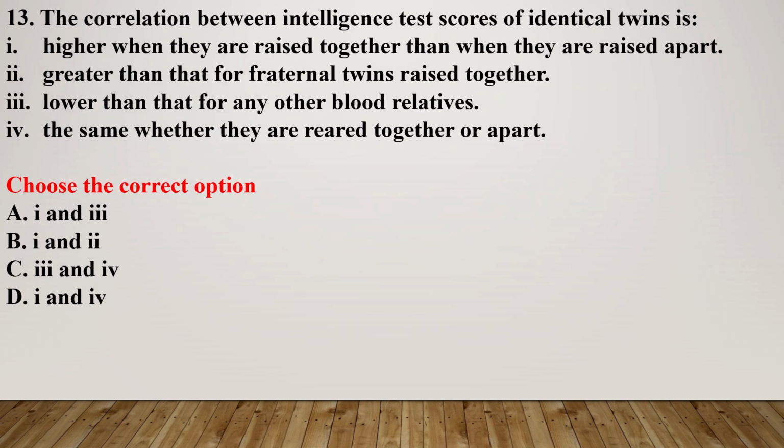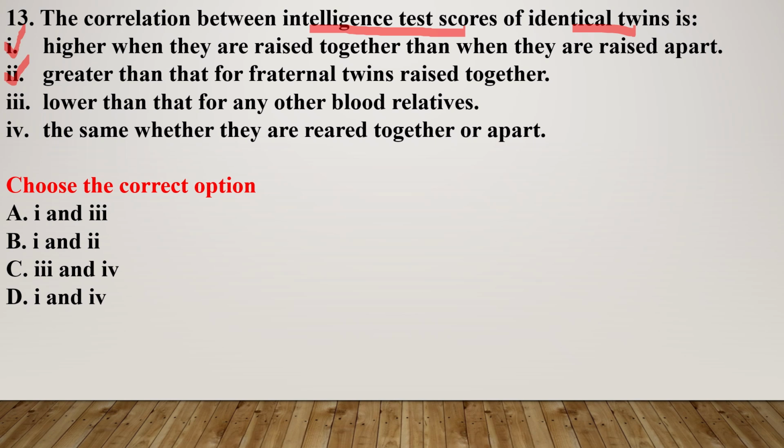Question number 13. The correlation between the intelligence test scores of identical twins is higher when they are raised together than when they are raised apart. This is right. Greater than that of the fraternal twins. This is also right.